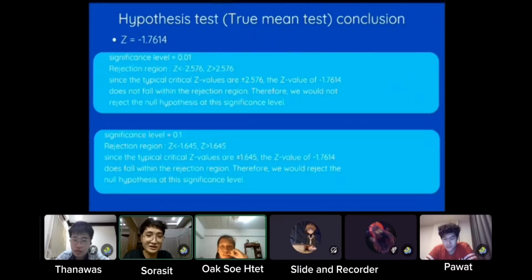We use a significance level of 0.01. It does not reject the null hypothesis at this significance level, as it shows. Another is the 0.1 significance level. It rejects the null hypothesis at this significance level.